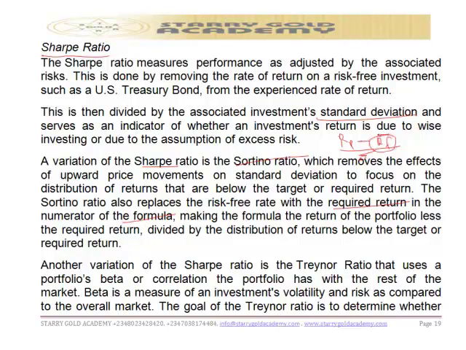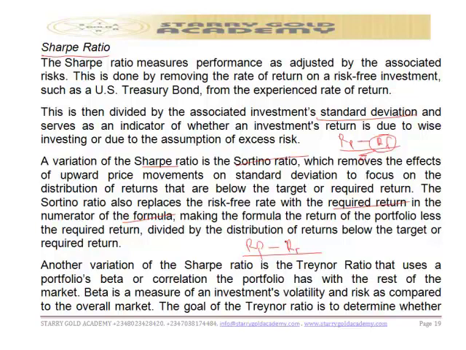Instead of the risk-free rate, it is substituted with the required rate of return, making the formula the return on portfolio less the required return, divided by the downside deviation of returns below the target or required return. The required return is the mean. Those below the mean are what the Sortino puts in the denominator.